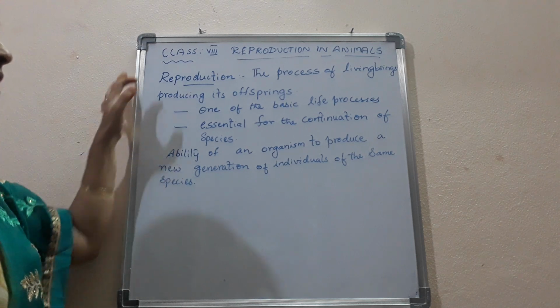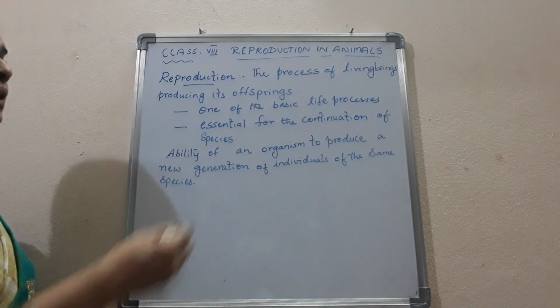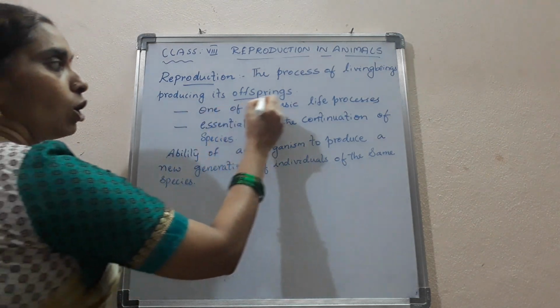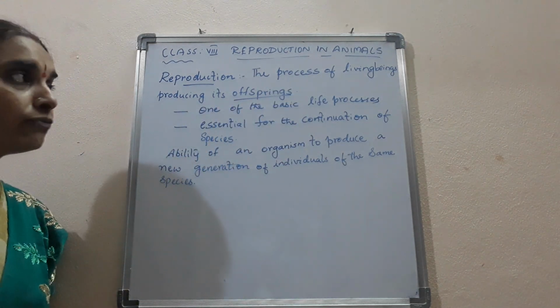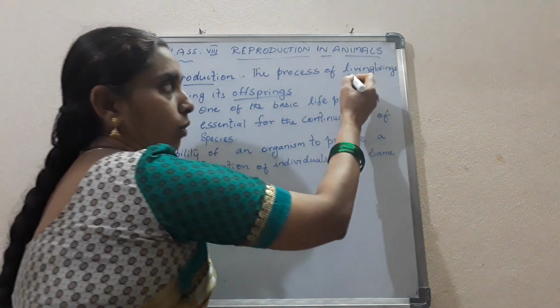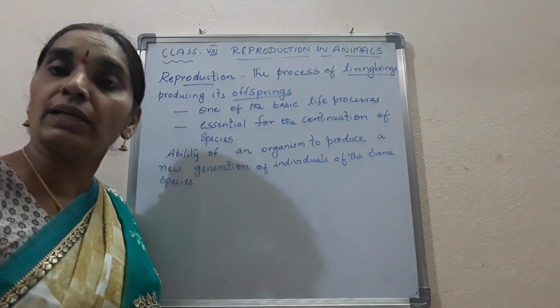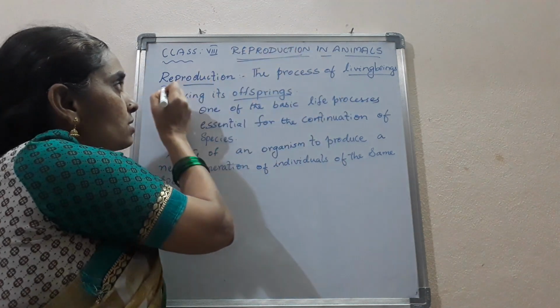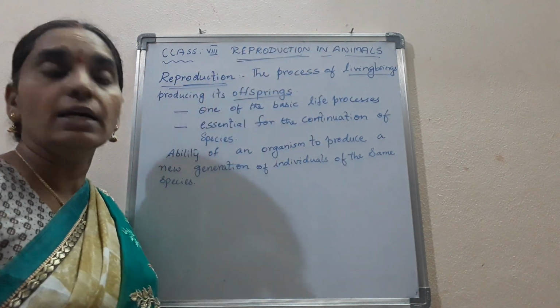See the board, children. What is reproduction? Reproduction is the process of living beings producing their offspring. So all living beings have one characteristic feature, that is reproduction. What is the characteristic feature of living beings? It is reproduction.